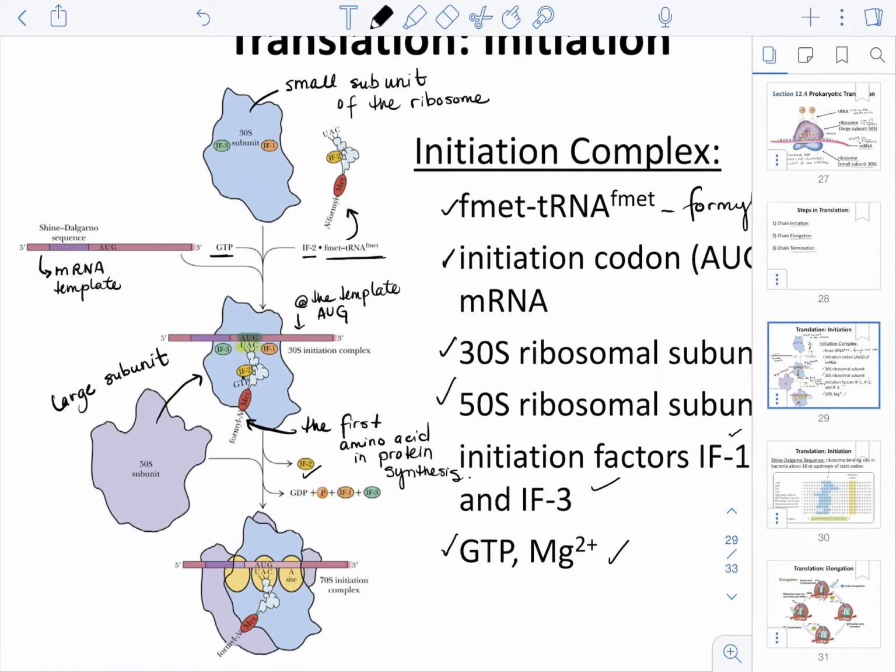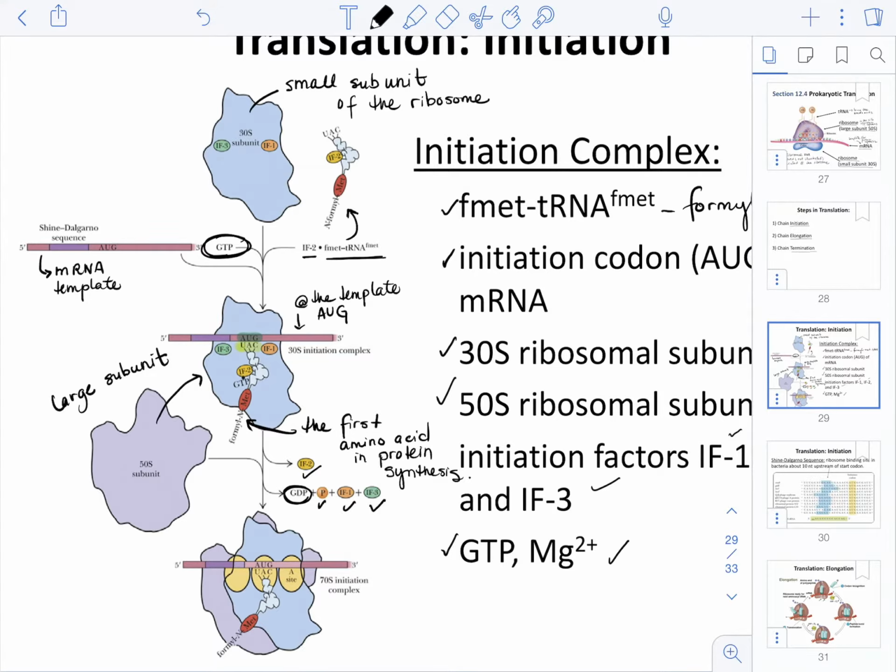In addition to the IF2 leaving, we also have hydrolysis of GTP, because we started with GTP. At the end of this, and the beginning of that second step, we have the release of GDP plus phosphate, and also the release of initiation factor 2 and initiation factor 3.